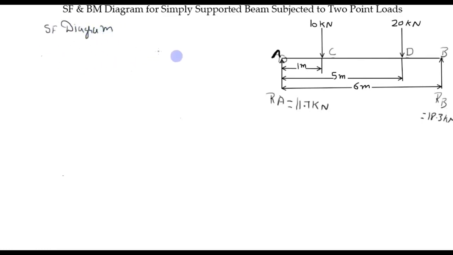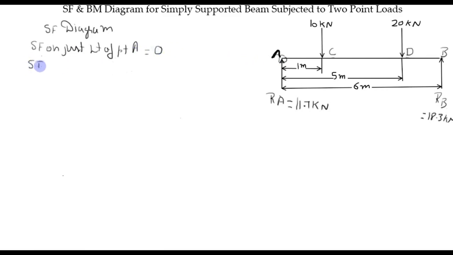So to draw shear force diagram, we have to take each point 2 times by taking its left hand side and right hand side and do the summation of all leftward forces. So first point is point A. So shear force on just left of point A. So on the left of point A there is no force, so this is 0.